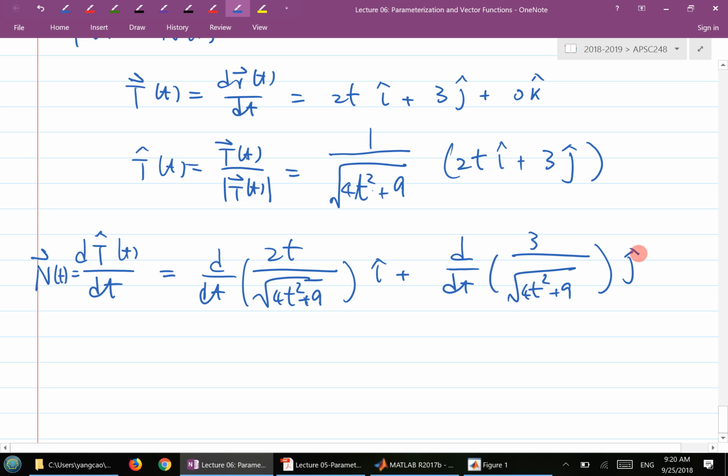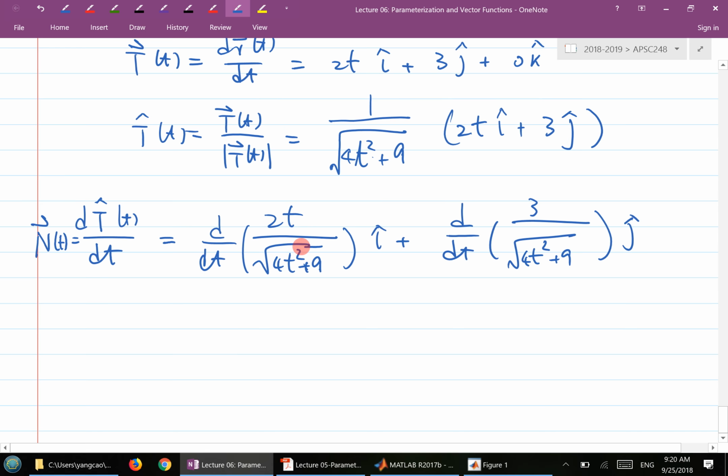I don't think this is new. I want you to review now, just to make sure you get ready for the midterm. How do you compute the derivative of this kind of function? Because I know for a fact that in the past, a lot of people had trouble calculating derivatives like this.